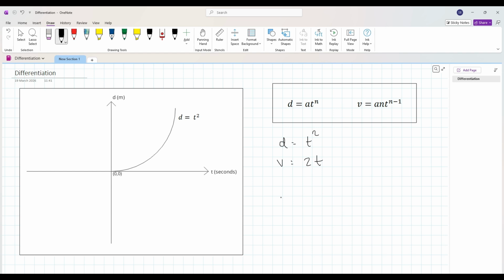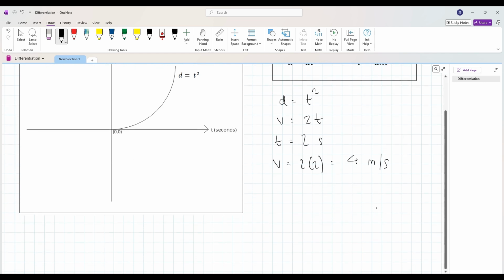So if we want to find a value of the velocity, let's just choose some t values. If t equals 2 seconds, v would equal 2 times 2 equals 4 meters per second.